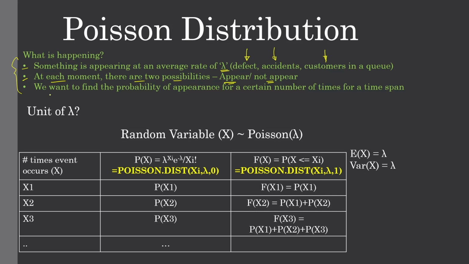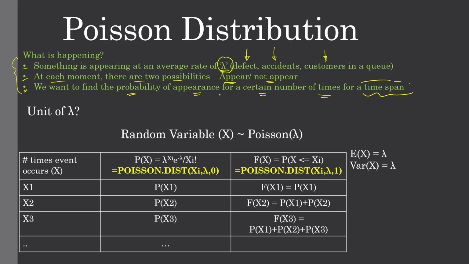So then what is the third point? The third point is, what do we want to achieve? We want to find the probability of appearance for a certain number of times for a time span. What does that mean? For example, if a defect is appearing at a particular rate of lambda, okay?